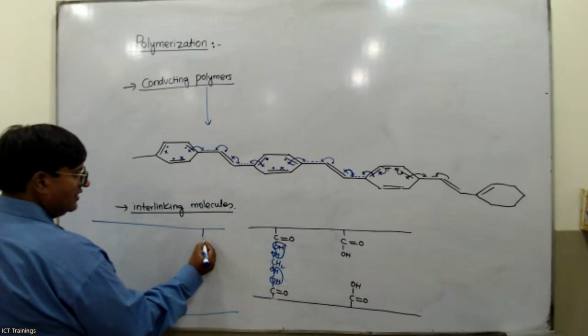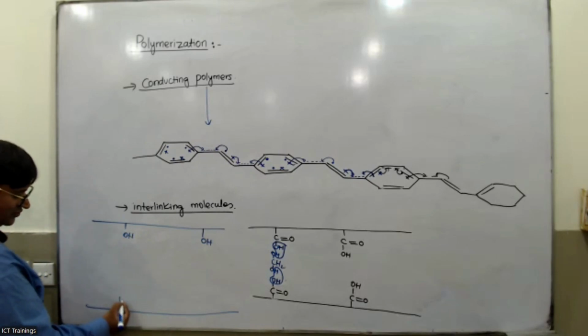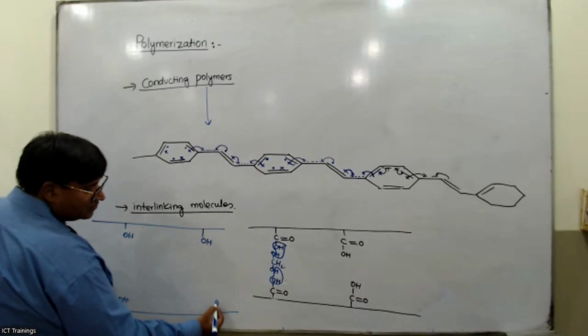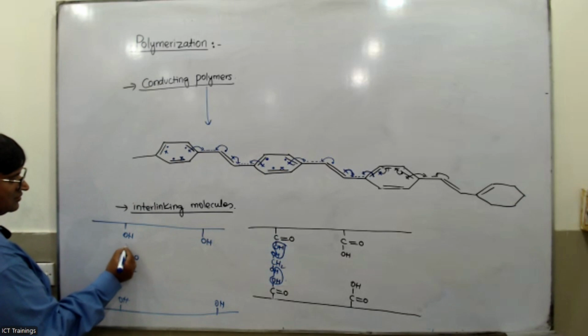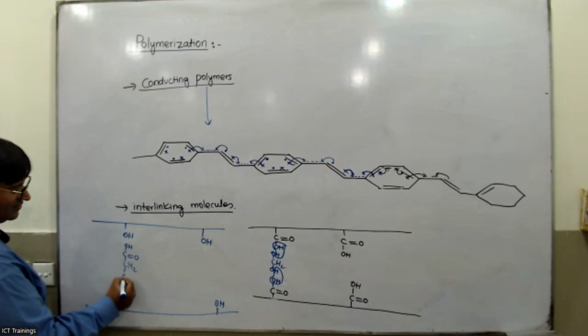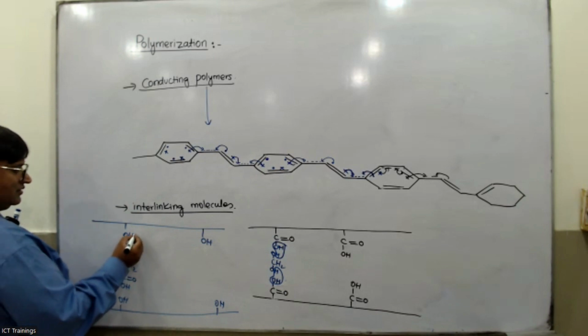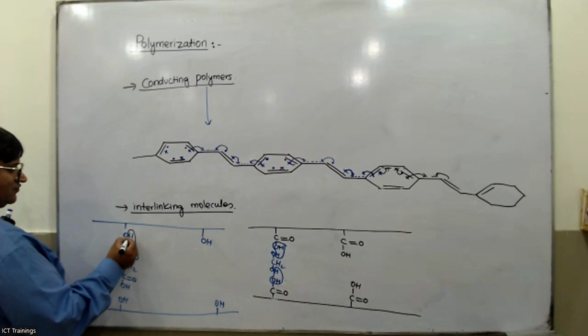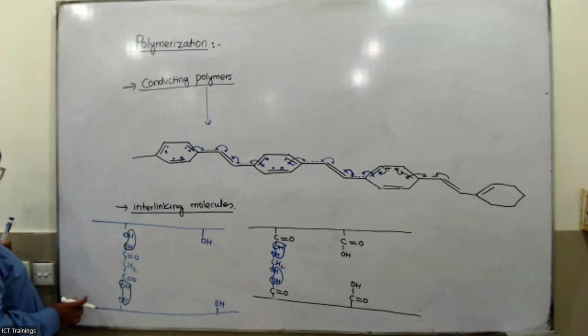Now, if you have a chain in which alcohol groups are present, you should put a molecule in between it which contains the carboxylic acid group on both sides. So the OH from here and H from here are going to form water.